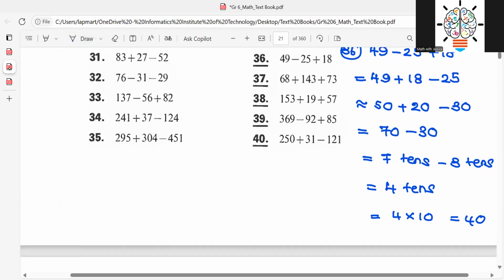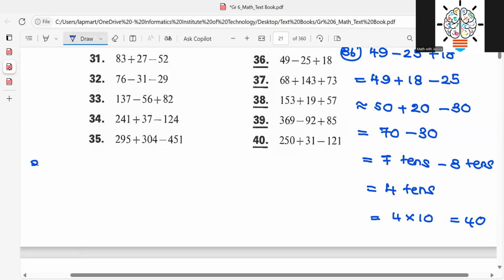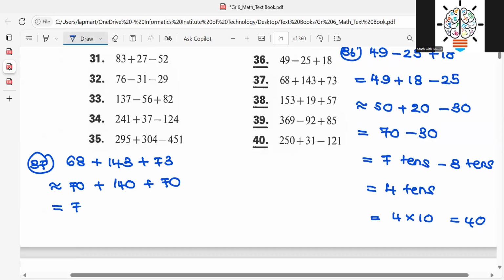Okay. So then let's say that we have question number 37. You have 68 plus 143 plus 73. All of them are to be added. So then 68, I write it as 70, 140, and then 70. So we write 7 tens, 14 tens, and 7 tens.